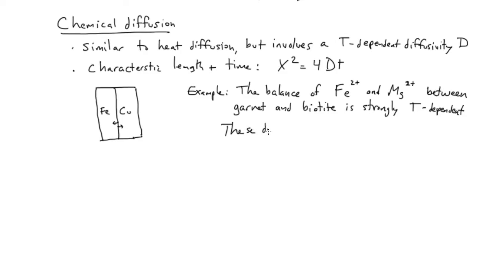These diffuse quickly in biotite, which we're just going to abbreviate BT, but slowly in garnet.